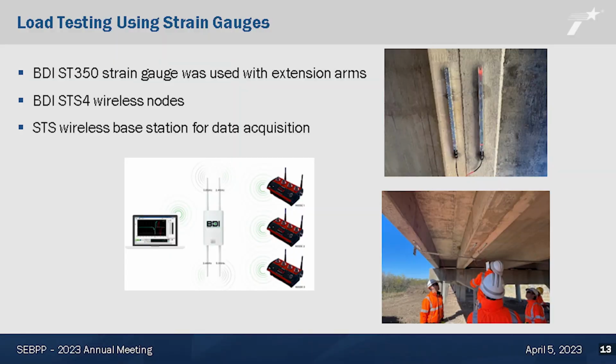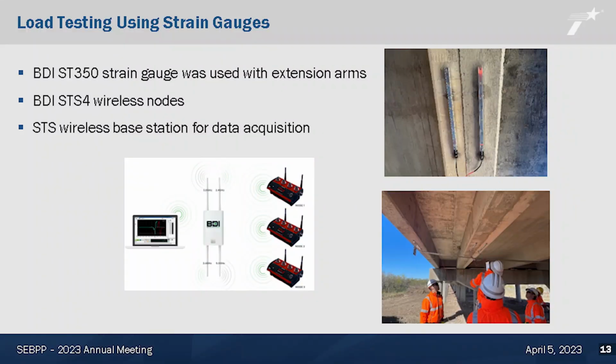Load testing, again, we installed our strain gauges, and because it was concrete, we used the extension arms, and we took advantage of our wireless nodes. So there wasn't a whole mess of wires out there to get tangled up or to rely on. That STS equipment's actually pretty fancy.